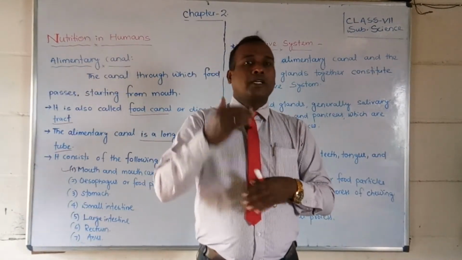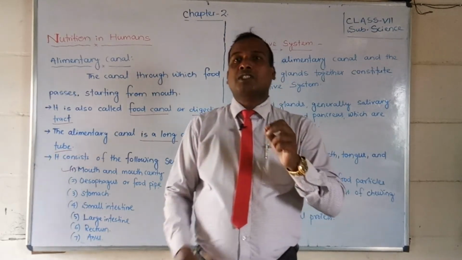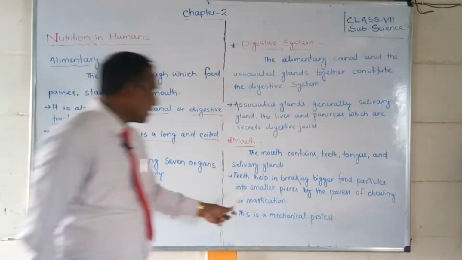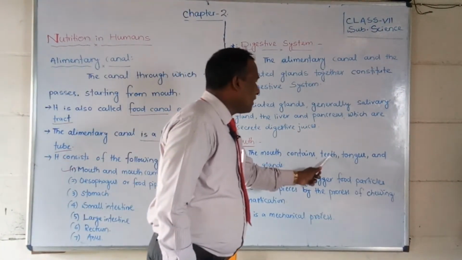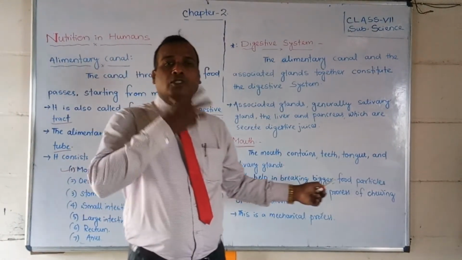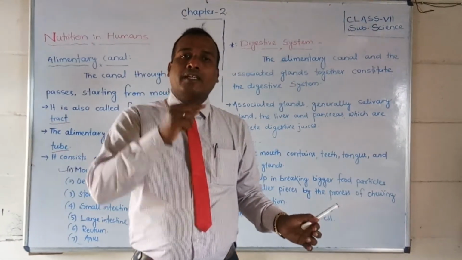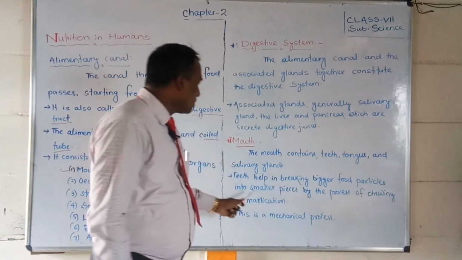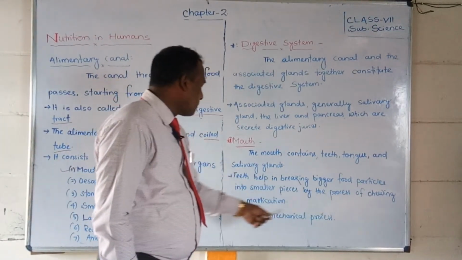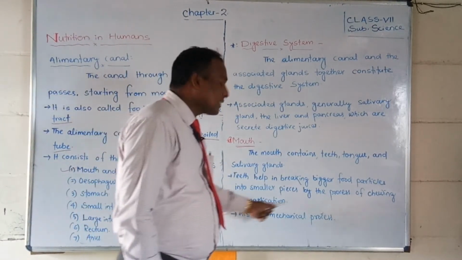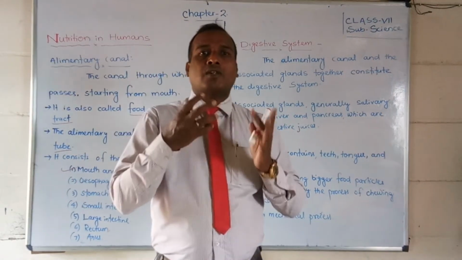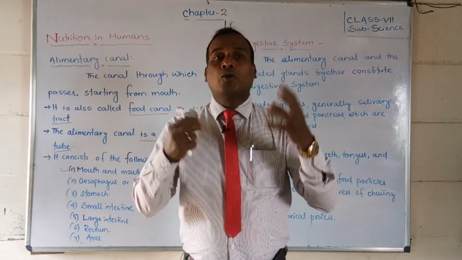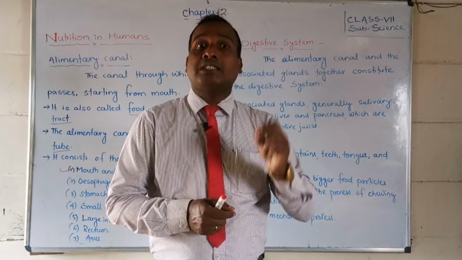Then it is done by chewing, and that process is called a mechanical process, or mastication. I have already told you that the mouth contains teeth, tongue and salivary glands. Teeth help break bigger food particles into smaller pieces by the process of chewing, or mastication. When we put food into the mouth, the process is called ingestion.